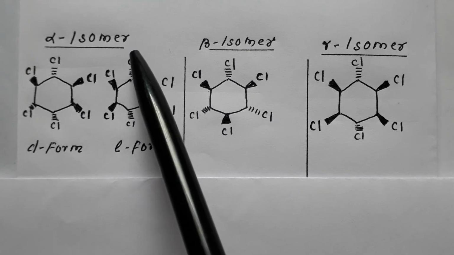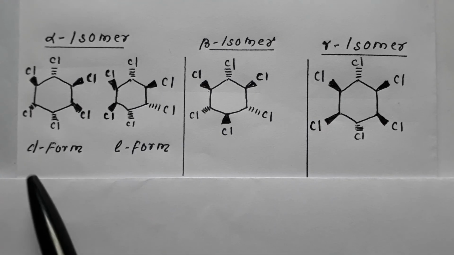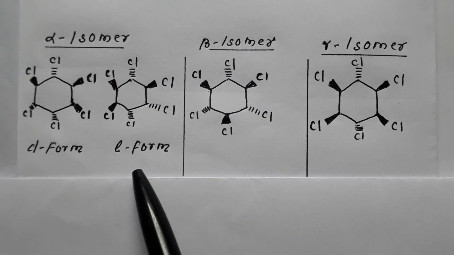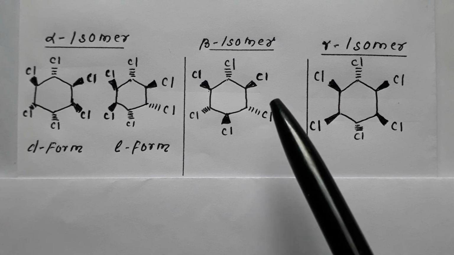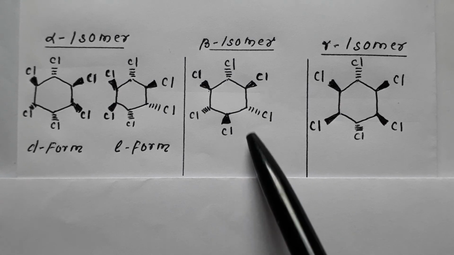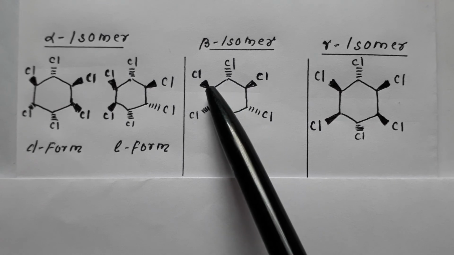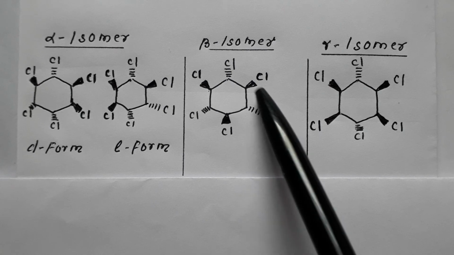So this is the alpha isomer of benzene hexachloride. This is the D form, dextrorotatory. This is levorotatory. Now the next arrangement: 3 Cl on one side of the plane, 3 on the other side, but alternating. These are Cl 1, 2, 3, 4, 5, 6.